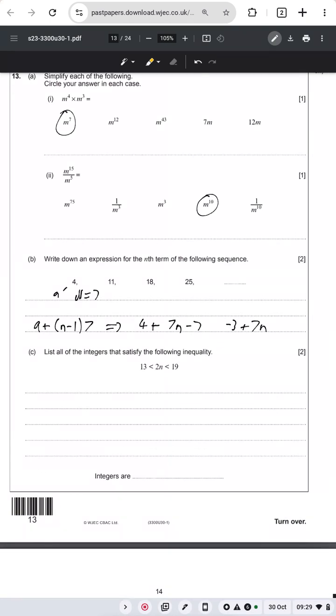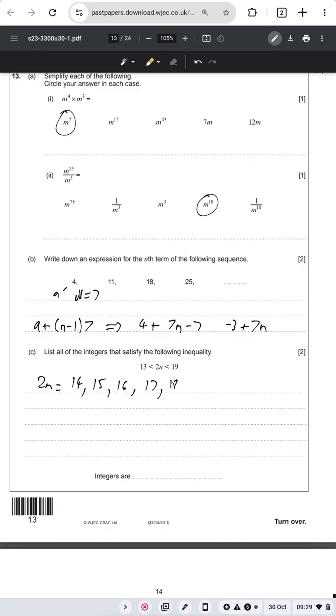List all the integers that can satisfy the following inequality. So we want 2n to be equal to all the numbers between 13 and 19. So we're looking at 14, 15, 16, 17 and 18.